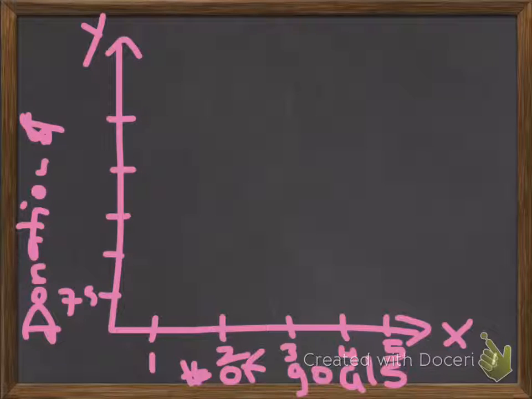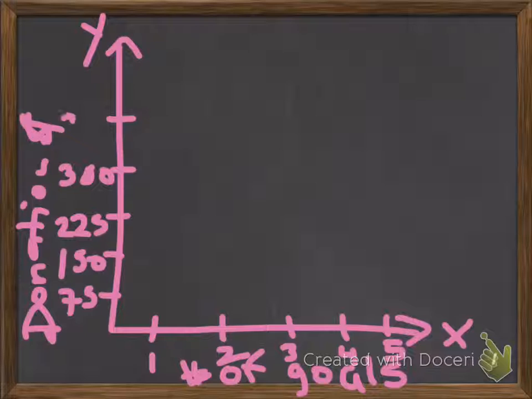So we have 75, 150, 225, 300, and 375. And we're just going to plot the points. You would be doing this on graph paper, so it's a little bit more straight, but you would plot 1, 75 from the table, and then 2, 150, 3, 225, 4, 300, and 5, 375.